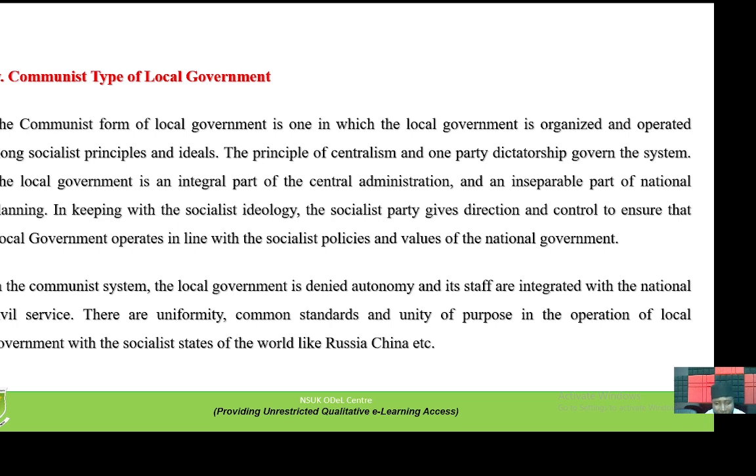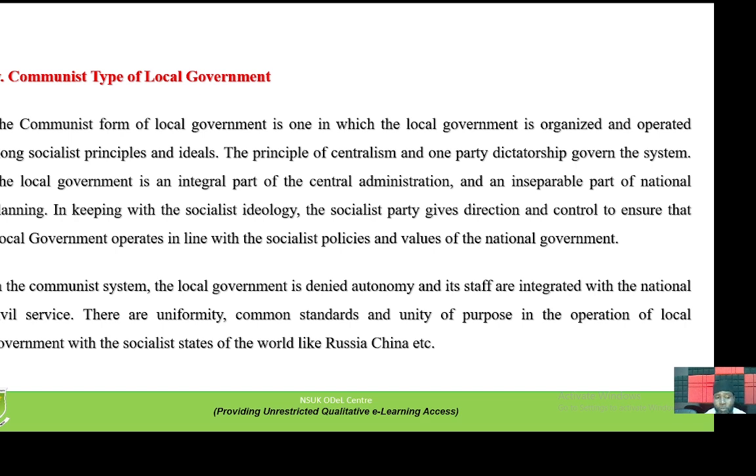There are uniformity, common standards, and unity of purpose in the operations of local government in socialist states of the world, like Russia, China, Cuba, etc. These are countries that operate a communist system imbued with communist ideas and principles. So the communist type of local government is an extension of socialism.